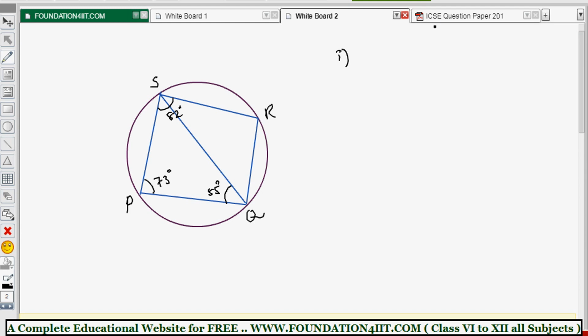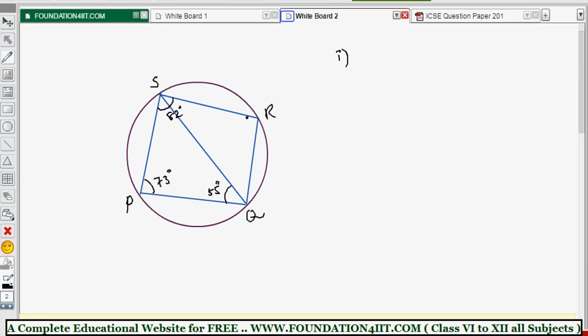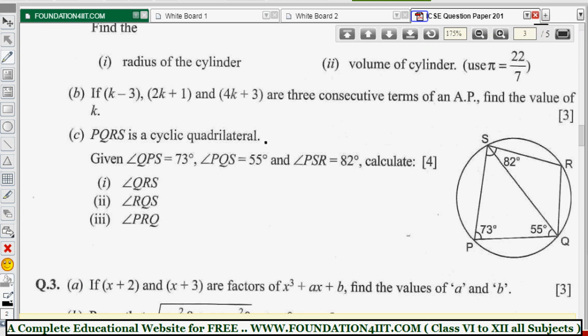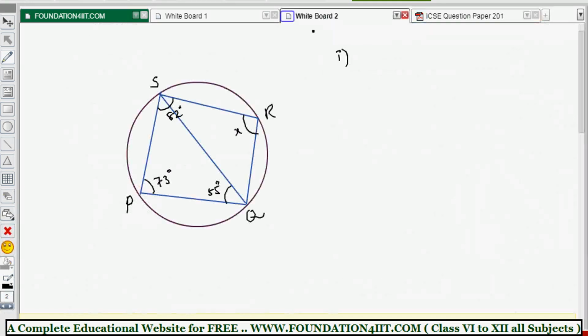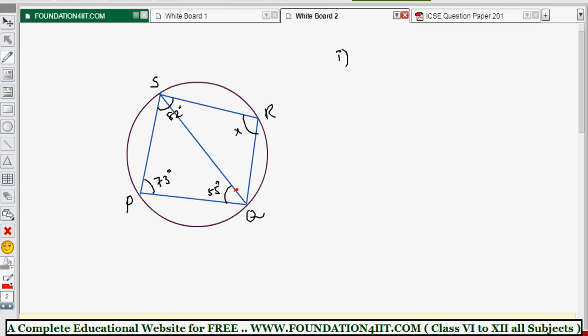So if you observe, what we should find out first is angle QRS. This total QRS angle we should find out. Take it as some x. And one more, RQS, on this side. Take that angle as y.